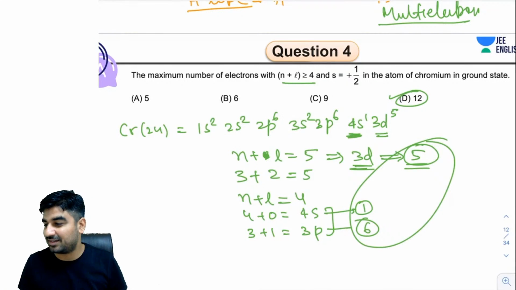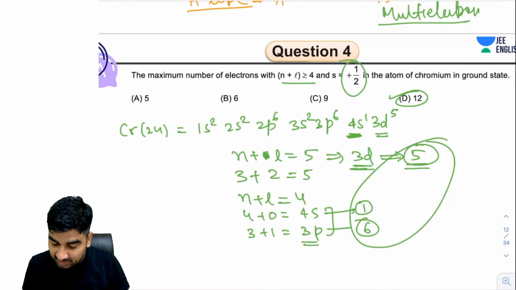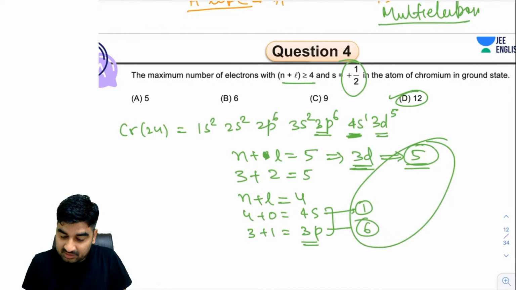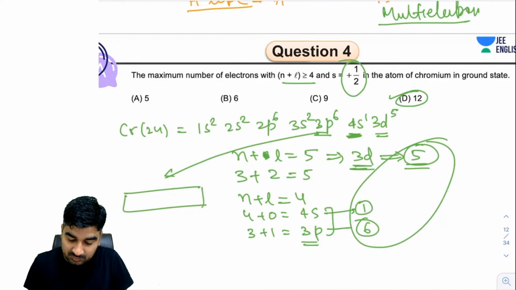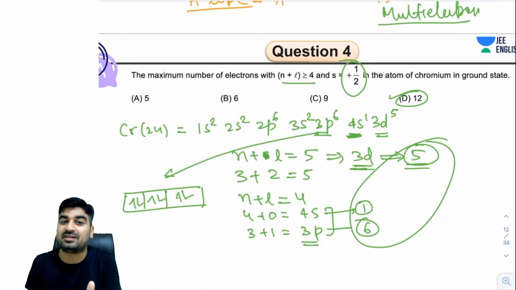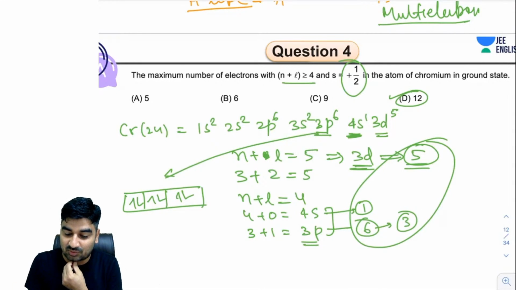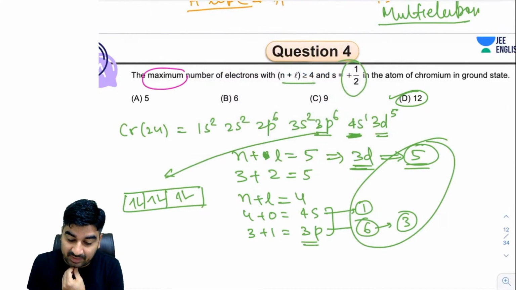But there is a problem. It says spin also. I have taken all 6, and if I take these 6 electrons, then 3 will have plus spin and 3 will have minus spin. Got my point? So instead of 6, I have to take 3 only, and it is saying maximum.